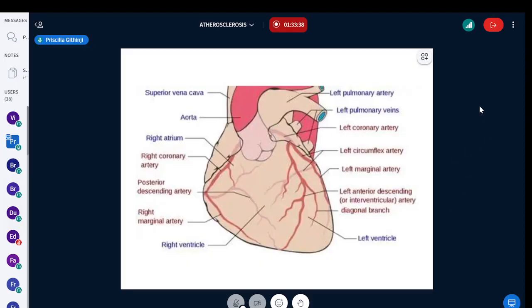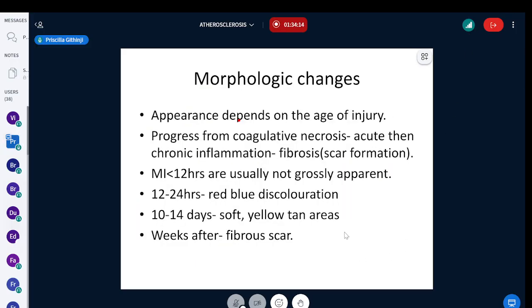So what are the morphologic changes that will occur in the heart? The appearance will depend on the age of the injury. Of course, the heart is a solid organ. Therefore, you're going to get coagulative necrosis. And of course, we said in necrosis, you have resultant inflammation. Please go back to the lecture on cell injury.